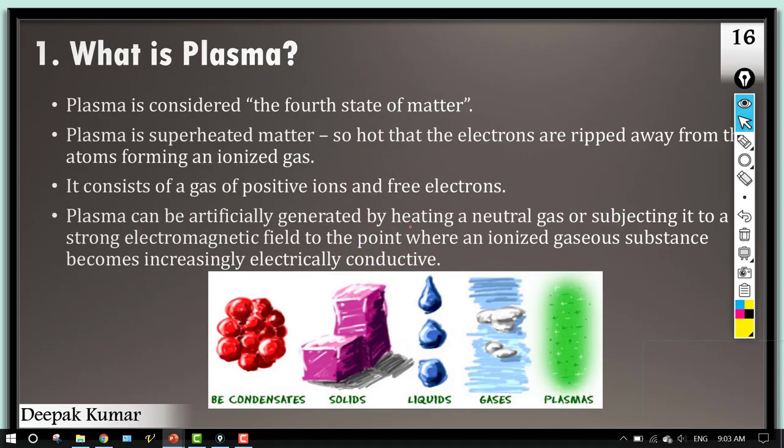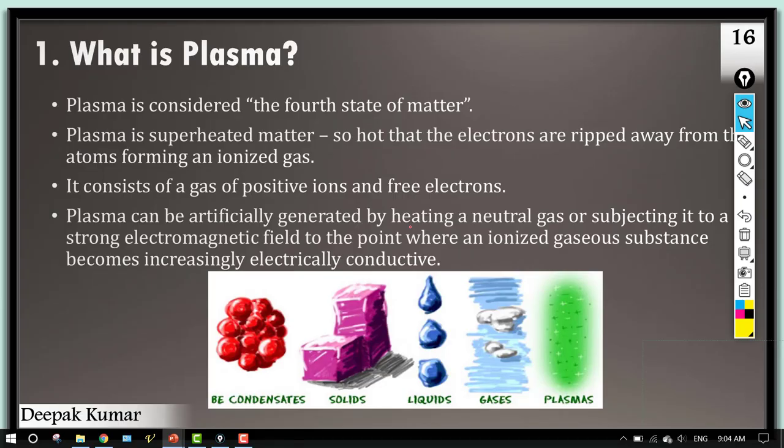We find plasma in our surroundings. In the layers of the atmosphere, there is a layer known as the ionosphere where ions are available. In the ionosphere the air molecules are not in the form of atoms, they are in the form of ions and free electrons.